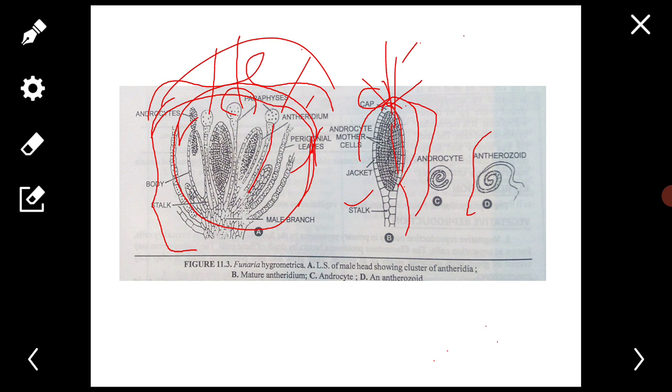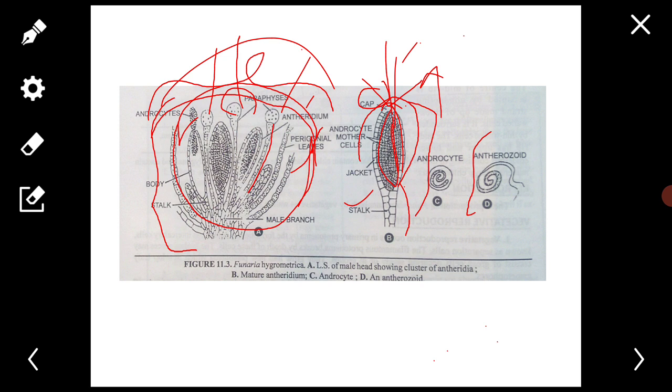The mass of anthrozoids, that is this, still enclosed in the vesicle, oozes out through this opening or through this narrow pore.